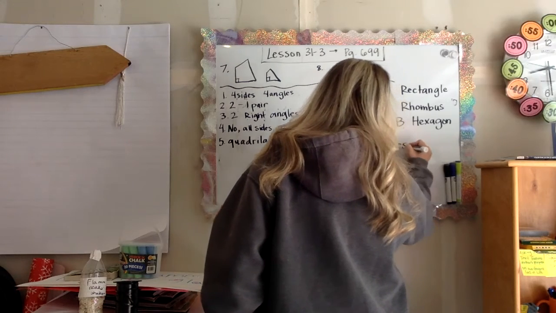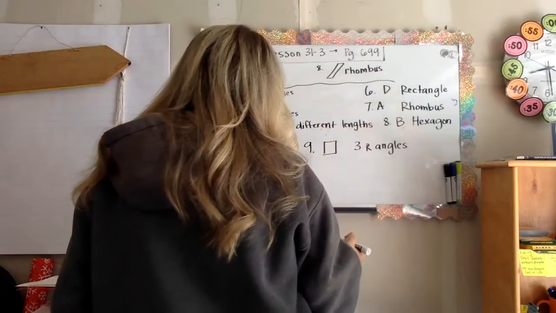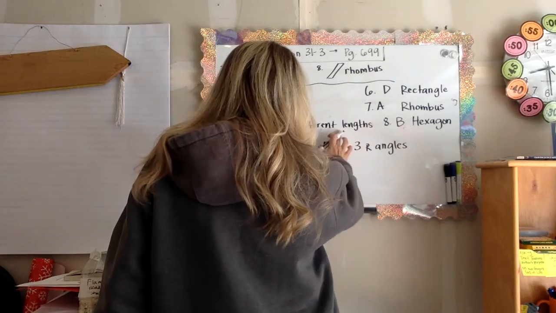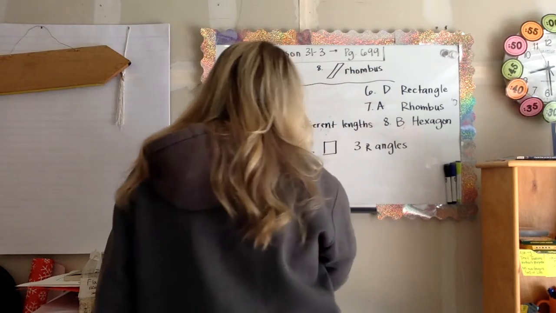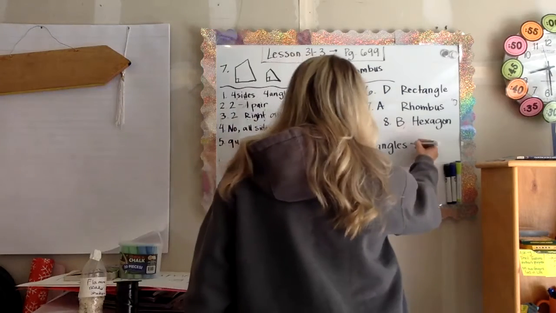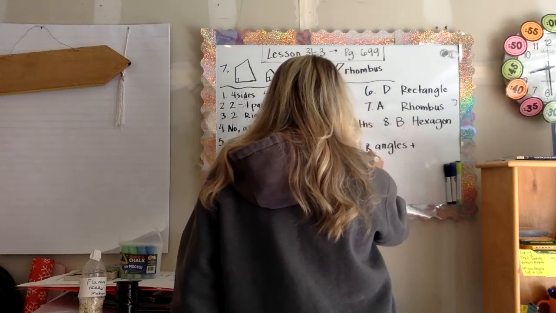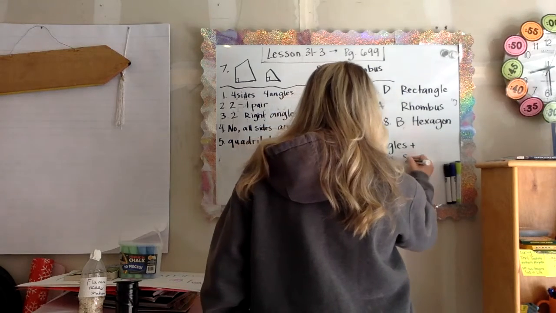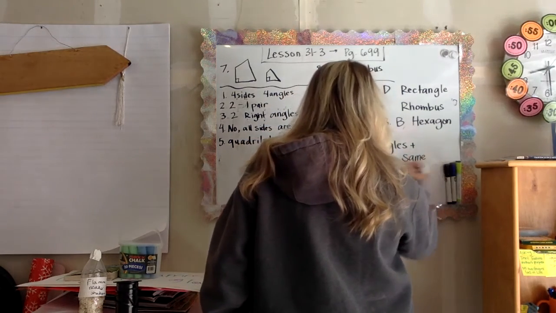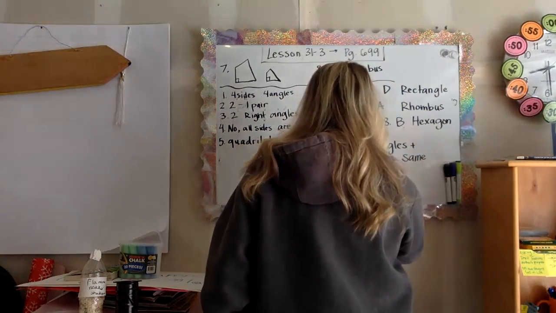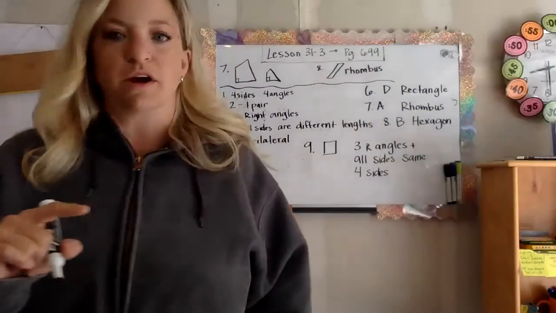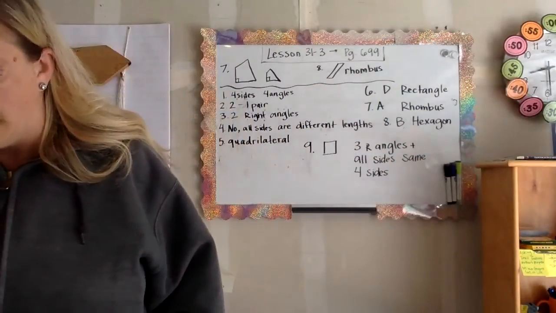It can't have just 3 right angles, because if this moved up, then this would change, and then it would only have 2 right angles. It actually has 4. It has all sides the same length. It is a quadrilateral, so it has 4 sides. So that way you know it is a square. The only option that it can be is a square.